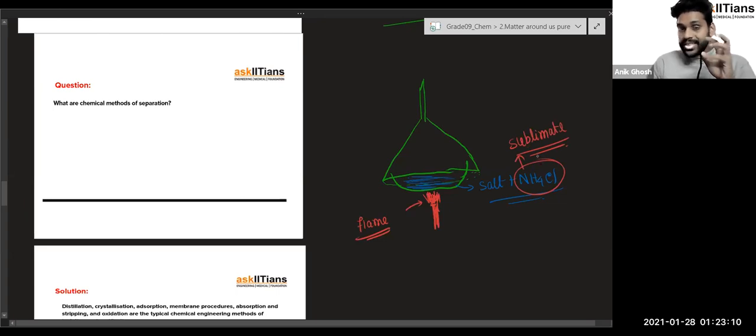So it gets sublimated. So when you just heat it, it would get directly converted from solid to gas. Got my point? So what would happen? This NH4Cl would go out like the gases. So this is the NH4Cl going out.